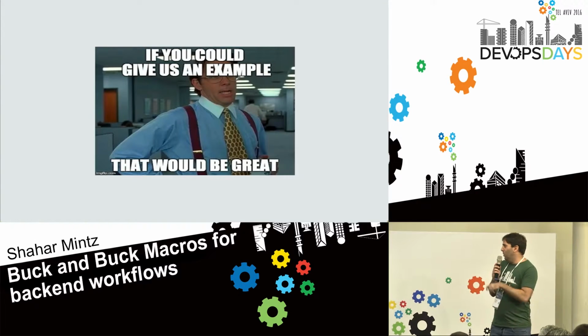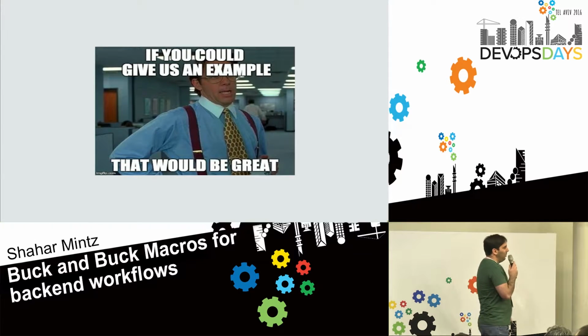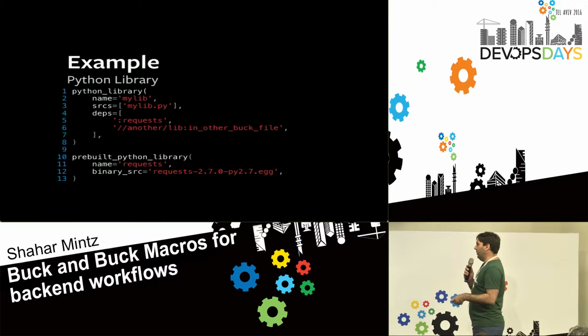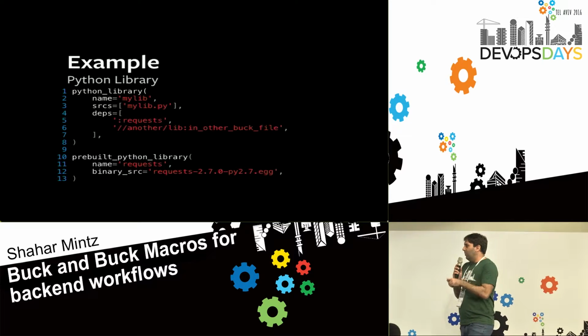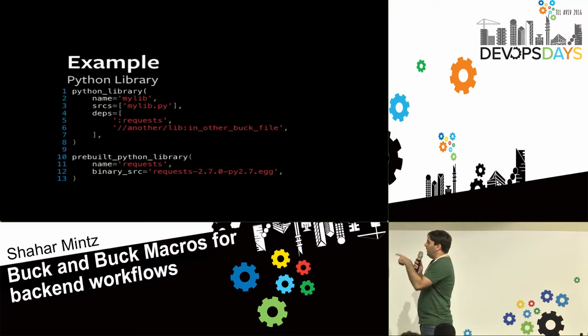I guess you all want to see what I'm talking about. So the first example is to define a library. When you define a Python library, you put the sources that you want to be in the library and the dependencies.